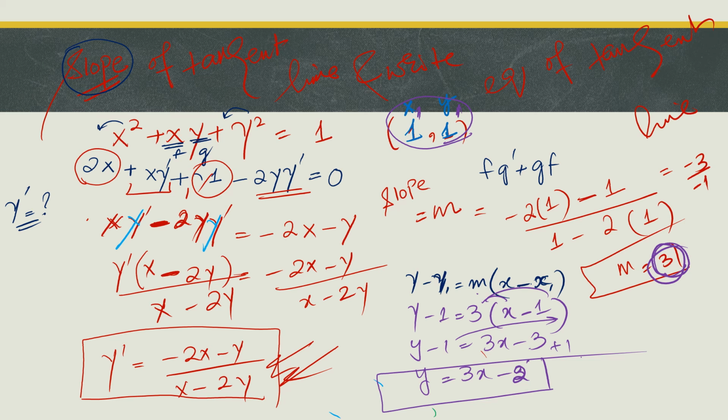Let's practice one more question, on how to write the slope of the tangent line and determine the equation of the tangent line. So what if the question is given in the form of cos x minus sine y equals, for example, 1?